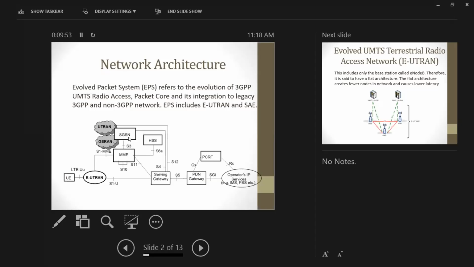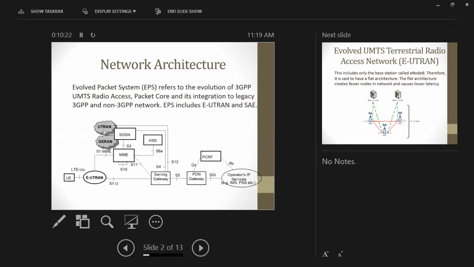They have the support of CS, circuit switching, and packet switching. Both of them are supported, but LTE supports only packet switching, and so the whole overall system for LTE is also called the evolved packet system. The whole network architecture is called the evolved packet system.